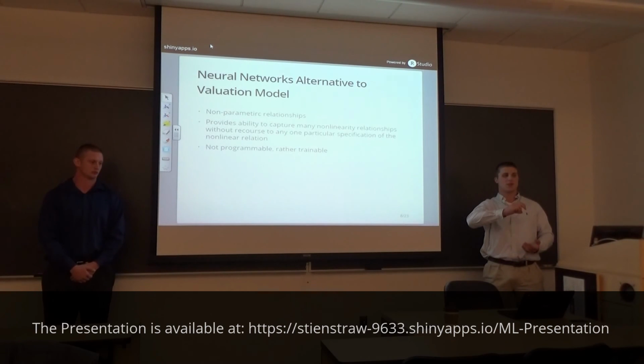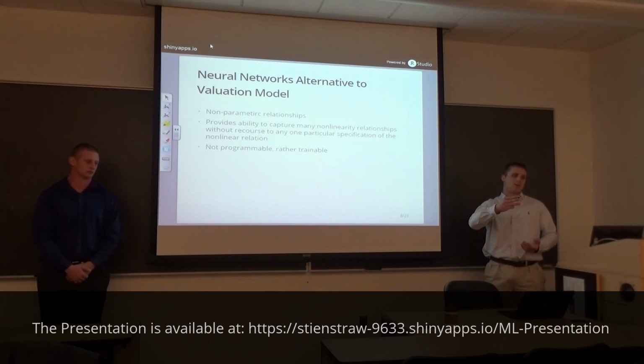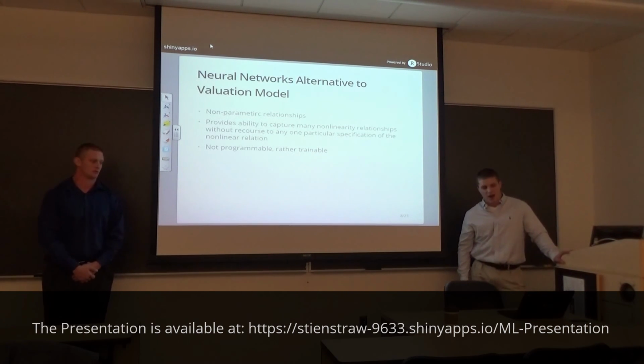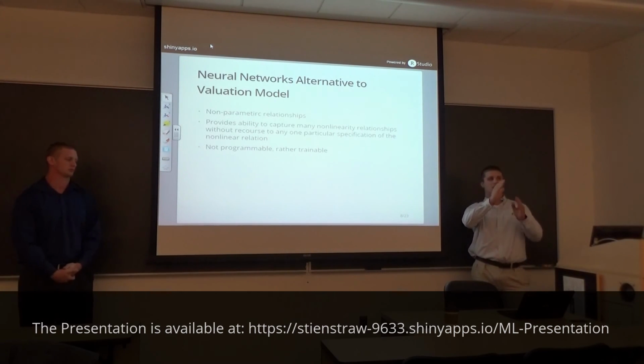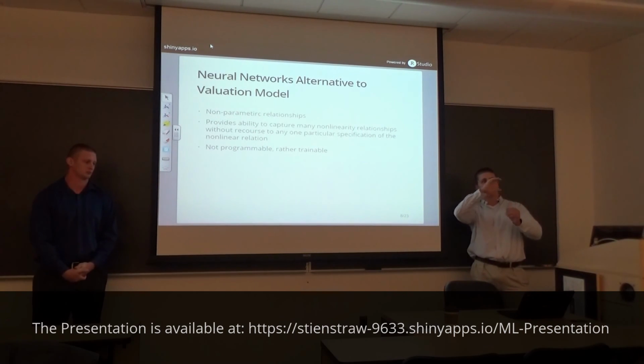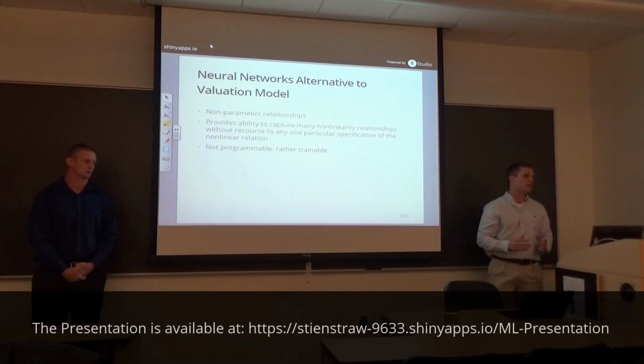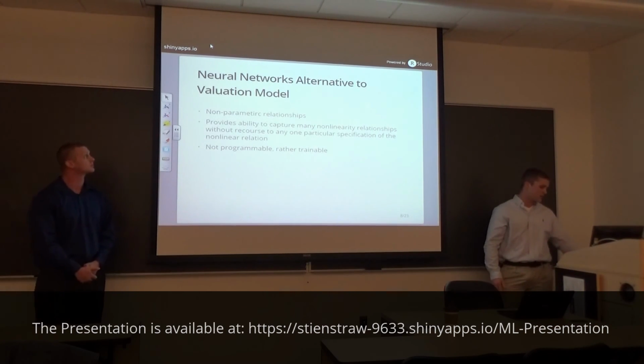In our instance, there's going to be 5 inputs. It's going to be the price of Twitter, the exercise price, the risk-free rate, and what else do we have? Implied volatility, lagged. And then there are going to be underlying hidden layers, and they're going to feed into these nodes, and then at that point there's going to be an output of the option valuation. But like I said, that's probably hard to visualize right now. We have a nice graphic later on in the presentation.